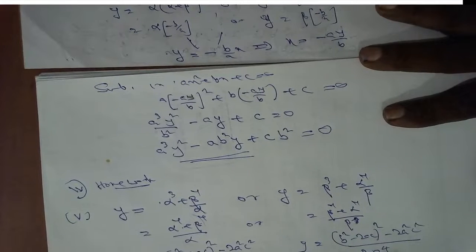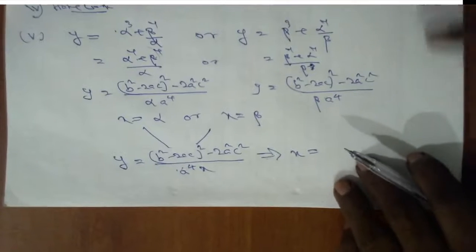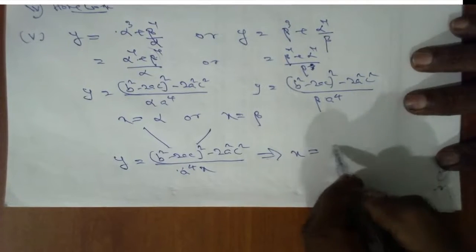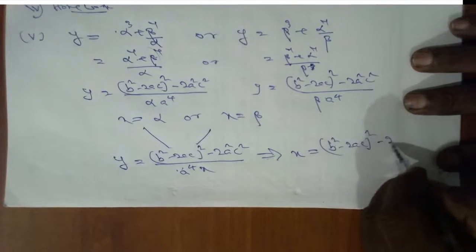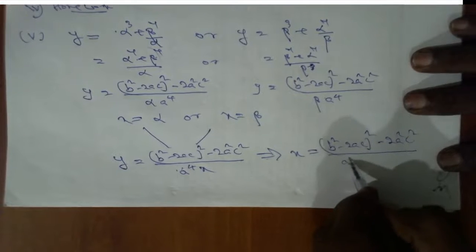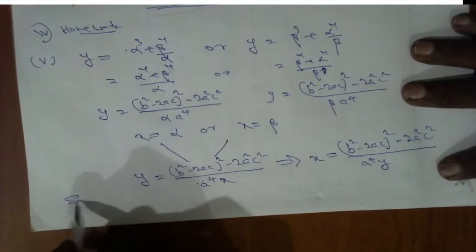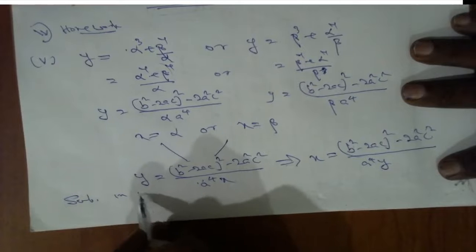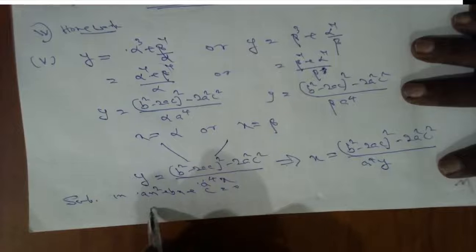So you can make x the subject, then x equals b squared minus 2ac whole thing squared minus 2a squared c squared over a to the 4 times y. Now you can substitute in ax squared plus bx plus c equals 0.